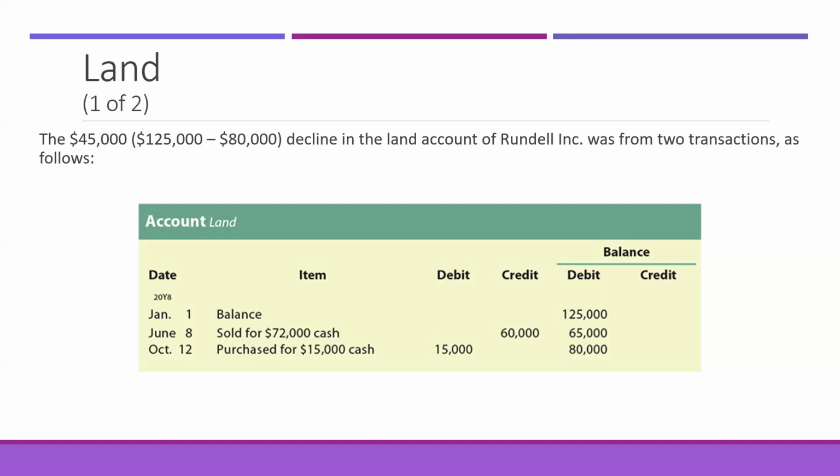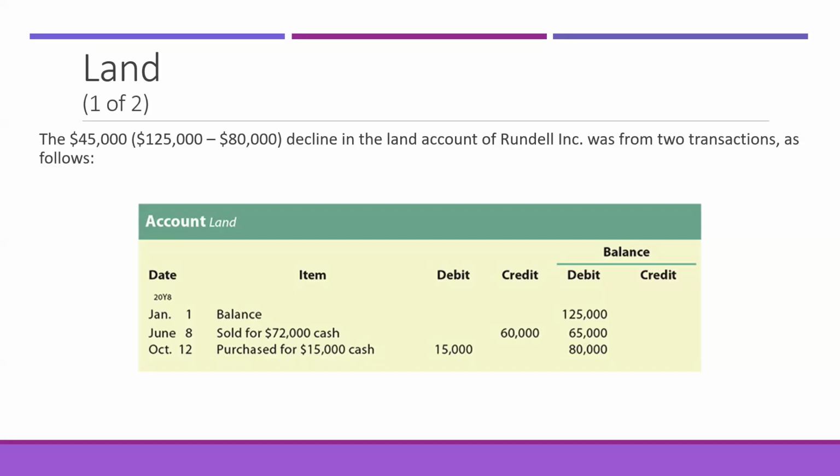The land was sold for $72,000 on June 8th, and the credit to land in this T account is $60,000, which means that the land had a basis of $60,000, but the cash received was $72,000. And so what's going to show up in our investing section is proceeds from sale of land, $72,000, and then purchases of land, $15,000 cash.